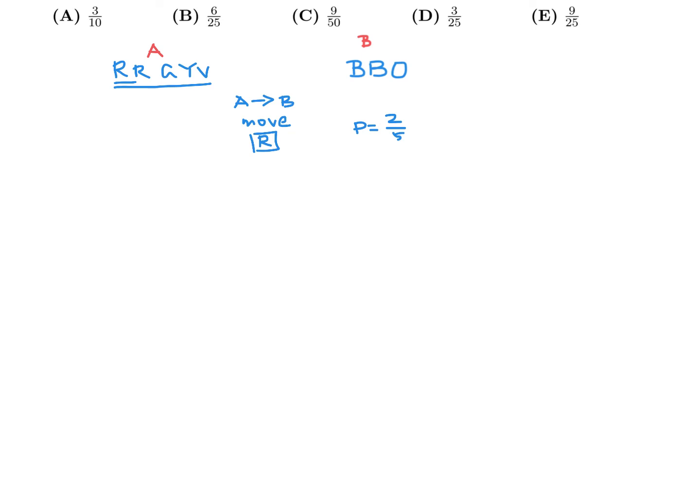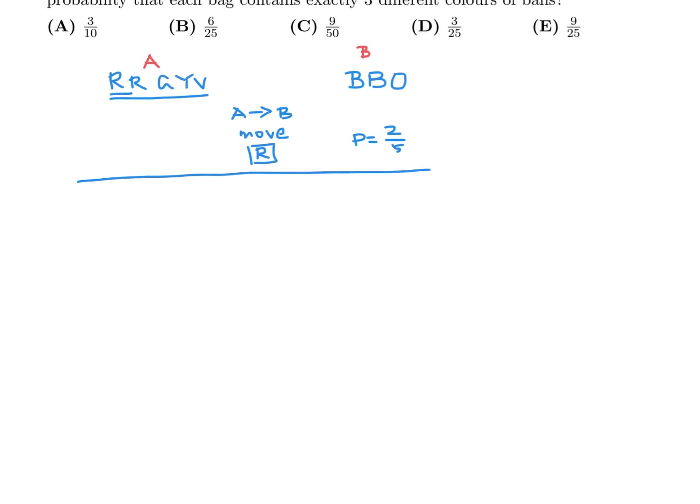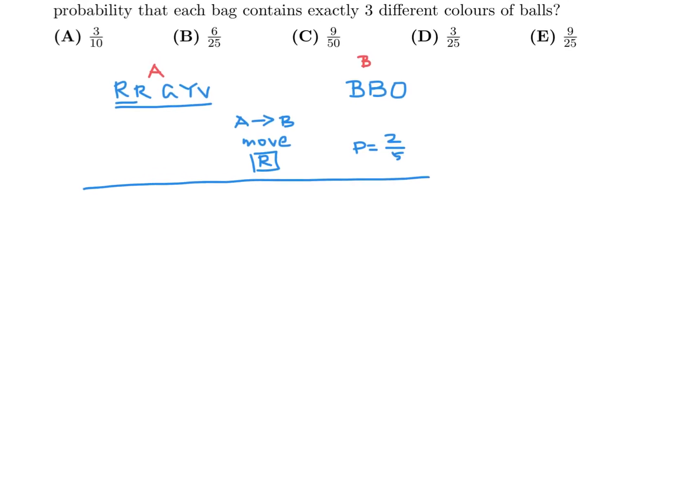Then the next move we have to do in order to make this work is, remember, our goal is to get each bag having exactly 3 different colors of balls. So our next move is Becca now has to send a ball over to the other side. And the proper move there is, again, the R. So you're just sending the R back. Now, after this move here, the bag here is R, G, Y, V, right?